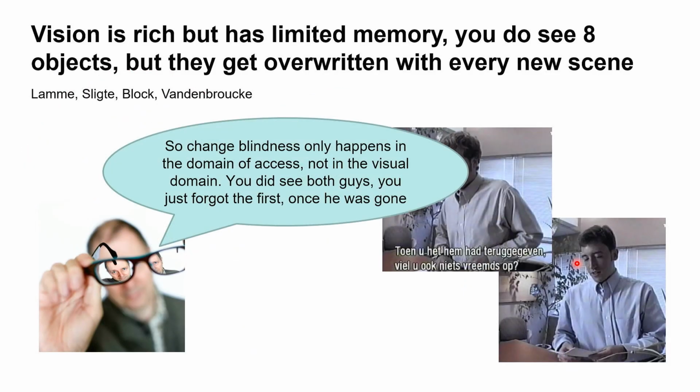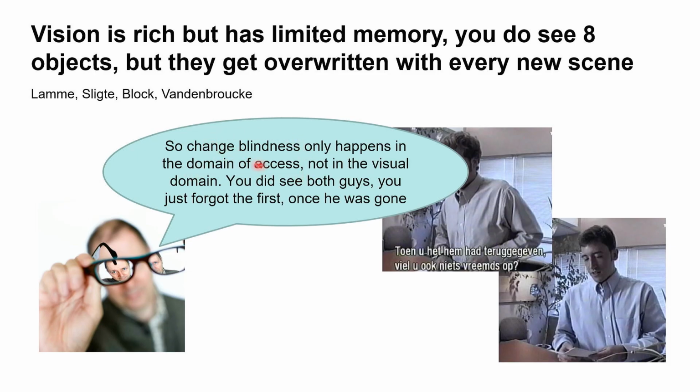But of course, it then would argue that indeed vision is in fact rich, yet has limited memory. So you do see these 8 objects, but they also get overwritten with every new scene. In that sense, they're very fragile. So recurrent processing theory argues that change blindness should not be called change blindness.